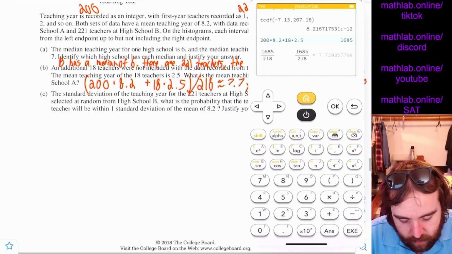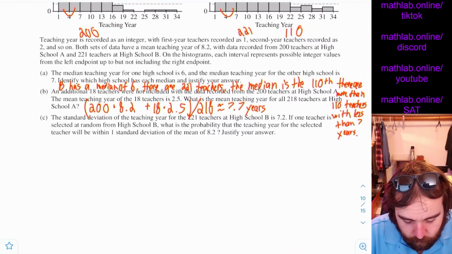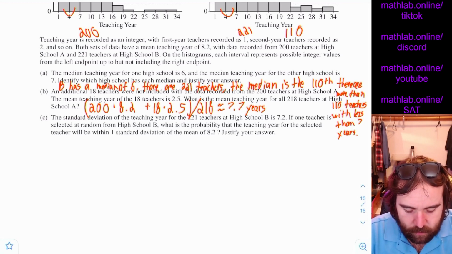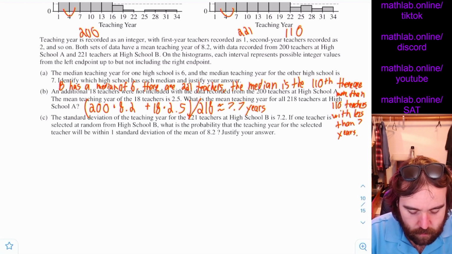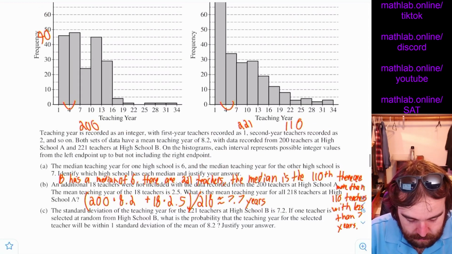The standard deviation of the teaching years for the 221 teachers is 7.2. If one teacher is selected at random, what is the probability that the teaching year for the selected teacher will be within one standard deviation of the mean of 8.2? Well, it's not normal, so that's not what we want to do.